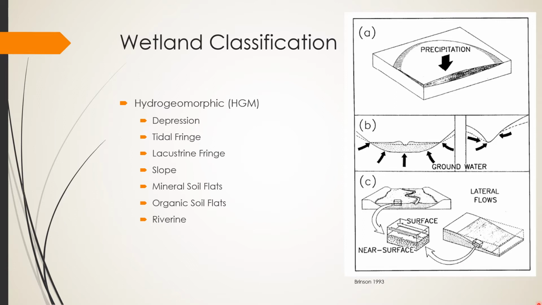And the HGM, because it takes into account more of these landscape and topography aspects, it can be used to assess how well wetlands are performing their ecological functions, such as water purification or water storage. And this is slightly different than the Cowardin, which doesn't take into account as many of these topographical geomorphic aspects.